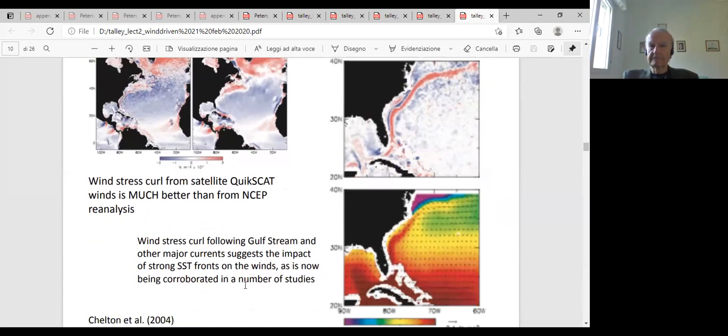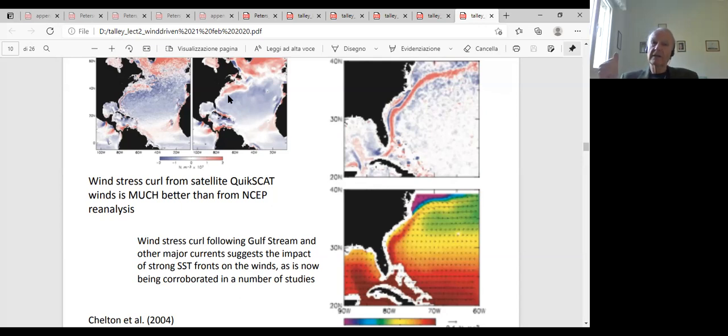Okay. And here is the wind stress curl, which appears also here, suggesting another major current. It suggests that the impact of strong SST fronts on the wind is important, because if you have a thermal front, strong changes of sea surface temperature, this also changes the stability of the air over the sea and changes also the wind field.